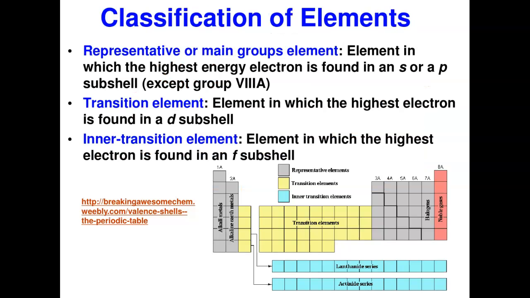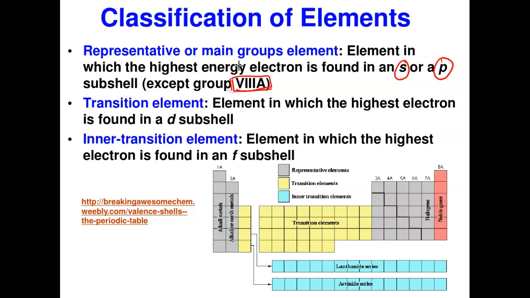Then we have another convention. We can classify them as either representative or main group elements. Representative or main group elements are elements in which the highest energy electrons are in the s and p, as we talked about earlier. All the s and p block elements are representative elements except group 8.